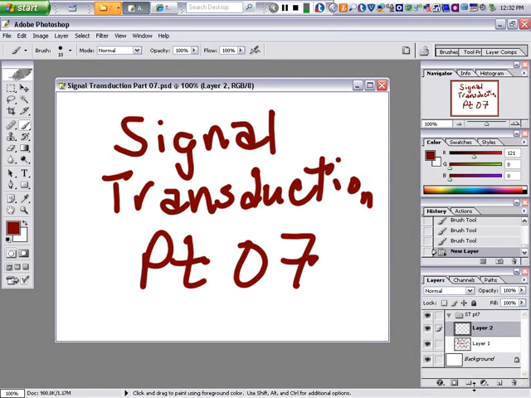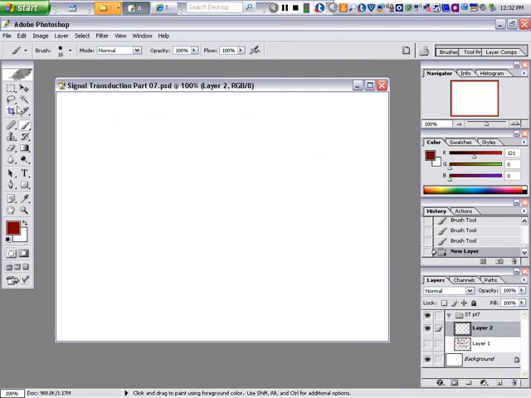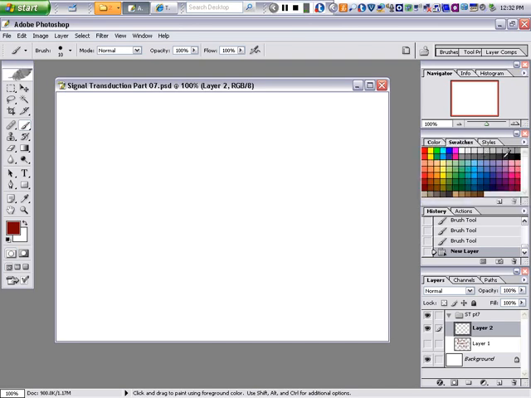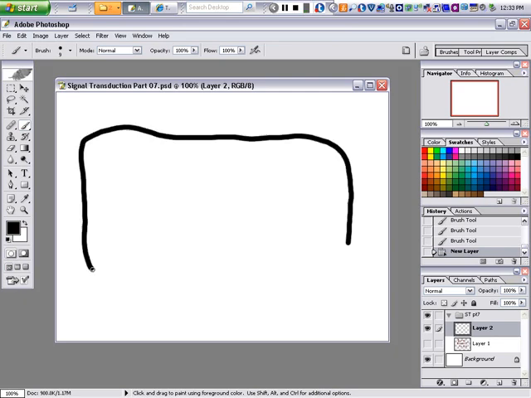And so let's create a really rough drawing of our cardiac cell. But this time it doesn't have to be a cardiac cell. It can be any cell. So let me get some swatches here. I'm just going to draw a cell here. Okay.